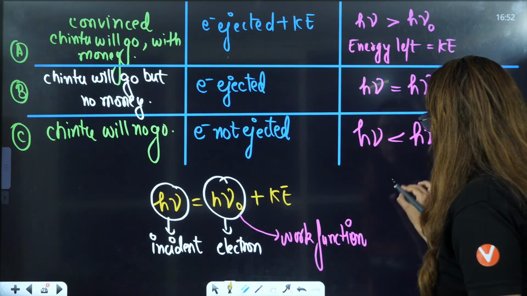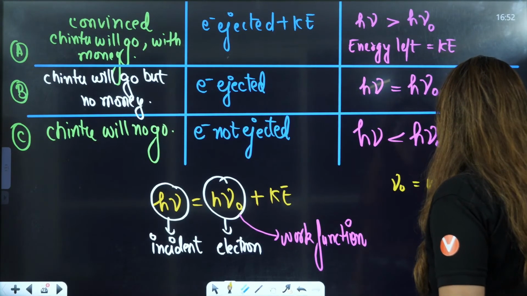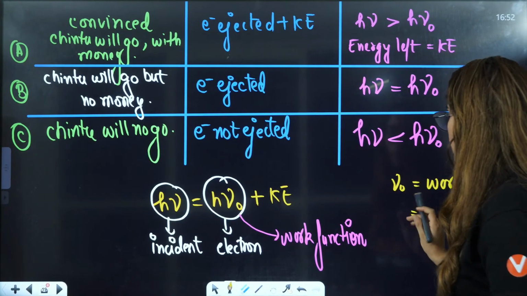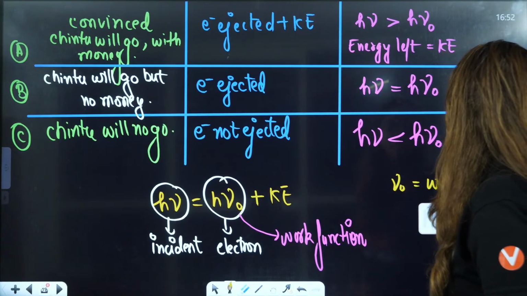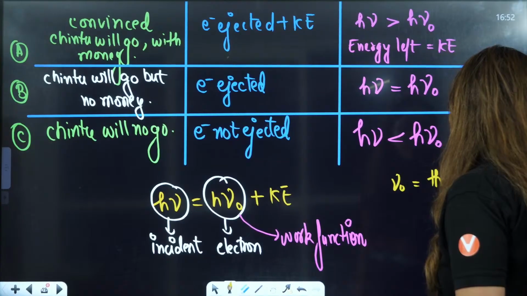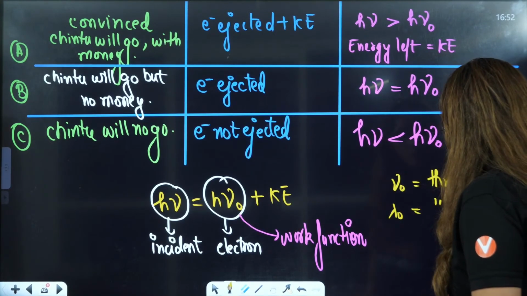And students, this ν₀ is called the threshold frequency, and ν is the frequency of incident light. hν₀ is the work function. And λ₀ is the threshold wavelength.